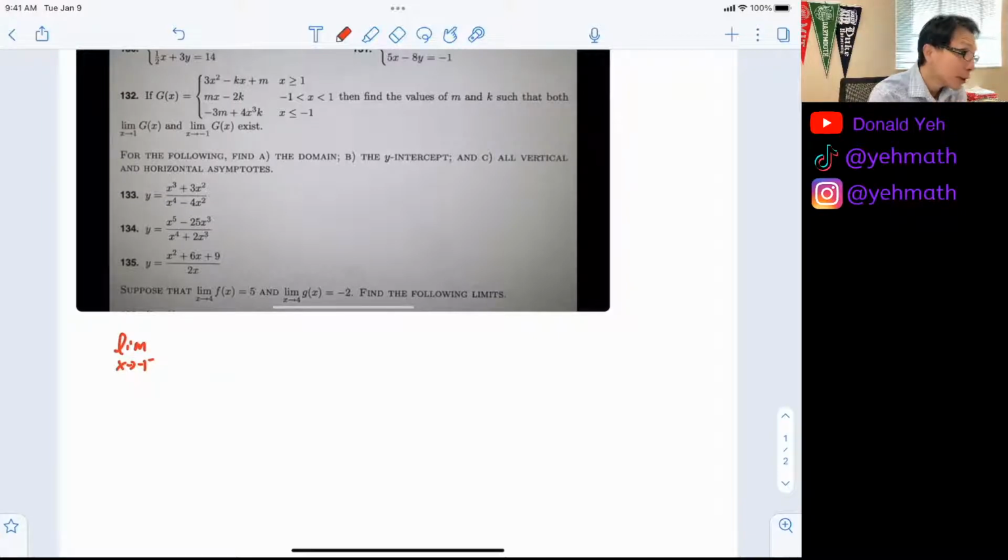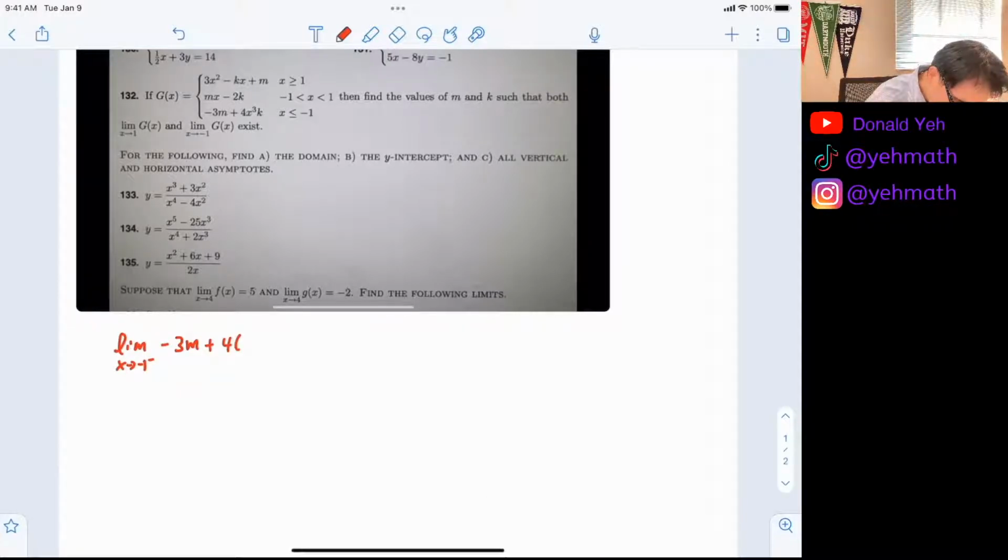Why would you use that equation? Because x is less than or equal to -1, so you're approaching -1 from the left side, so you have to use that equation. Okay, Mia, do you understand? Can you maximize the screen? Oh, my bad. Is that better? Okay.